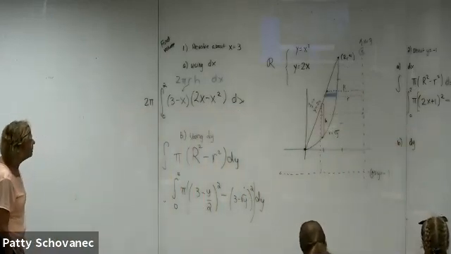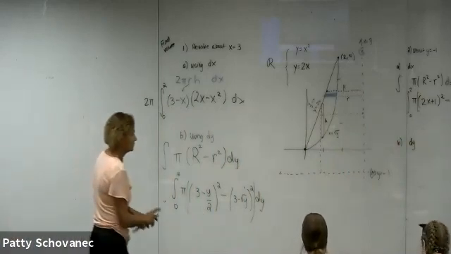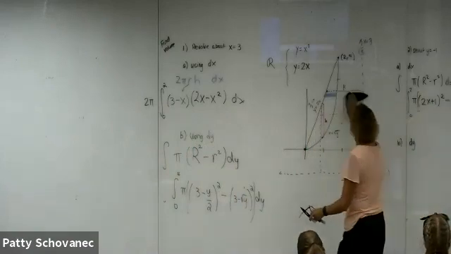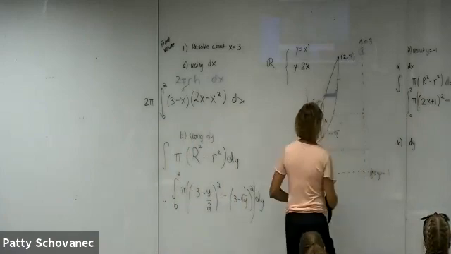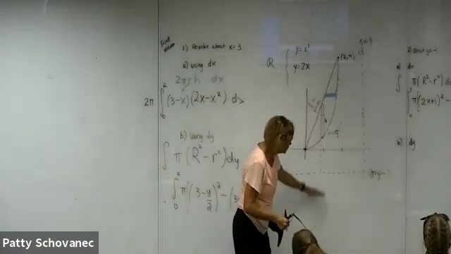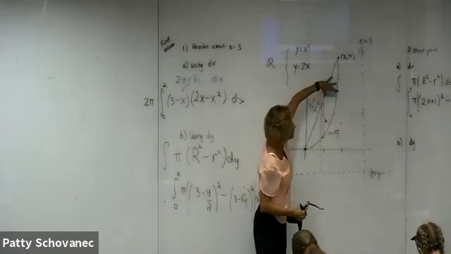Okay, the dy problem here, you're looking now at the blue rectangle, which is my dy rectangle, and we're gonna go that way. Blue rectangle is parallel to y equals -1, so that's gonna make the shell. That's the height of the shell.